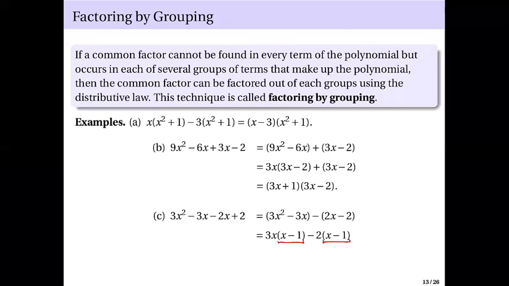So you can factor that x minus 1 out. And if you do that, you will end up with this x minus 1, and then in here you have your 3x minus 2.